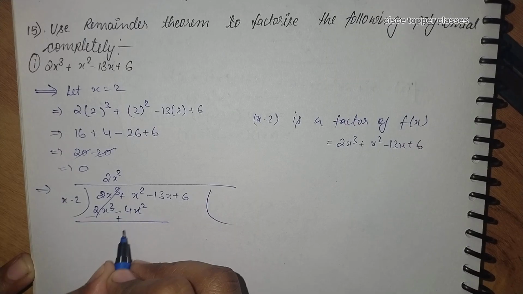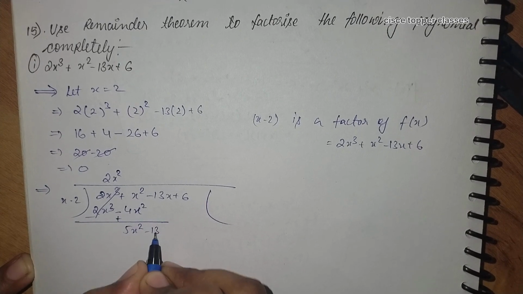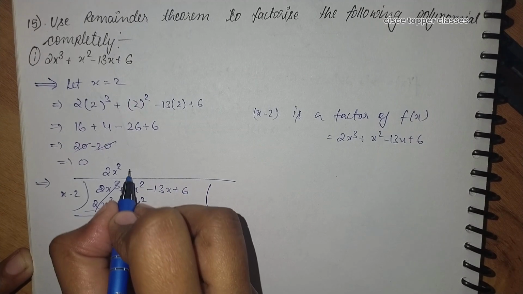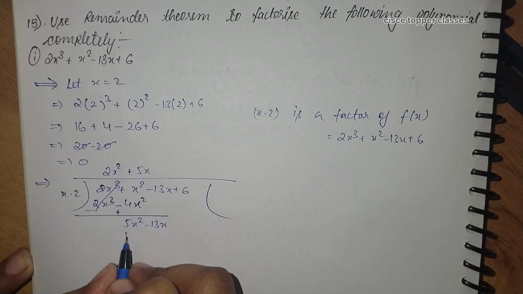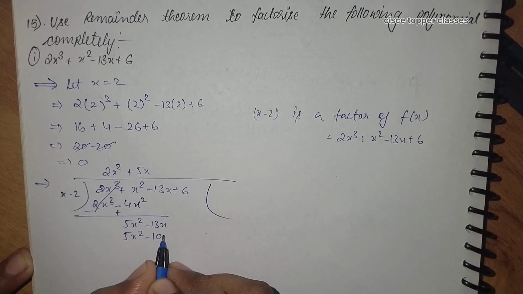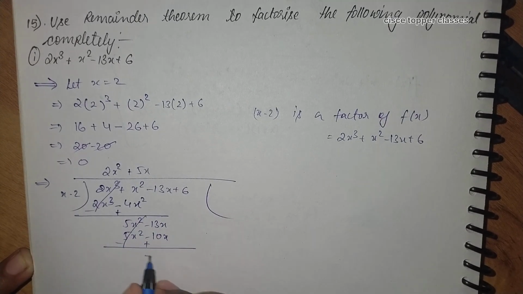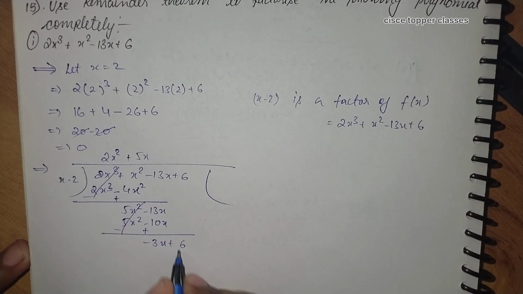And here if we add, that will become 5x square minus 13x, multiplying with 5x here, that will become 5x square minus 10x. This will again cancel out, and we will get minus 3x plus 6.